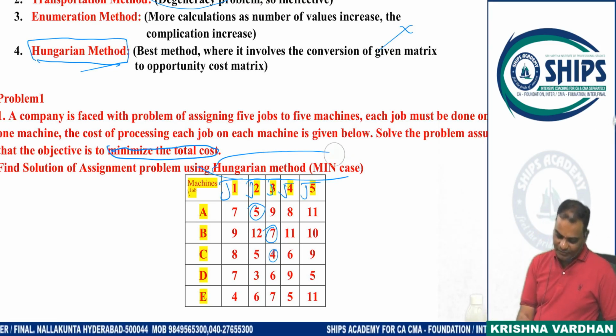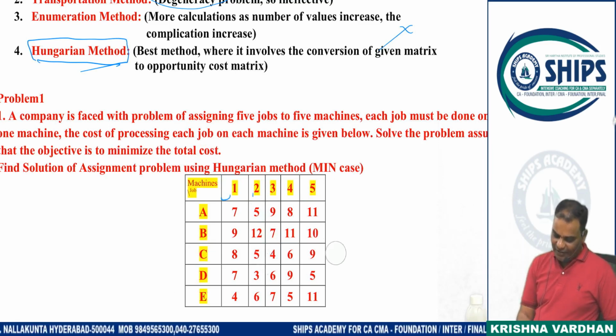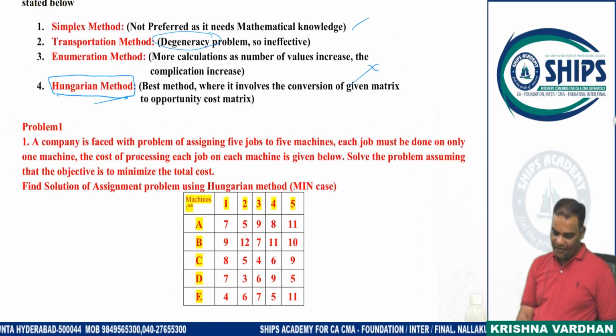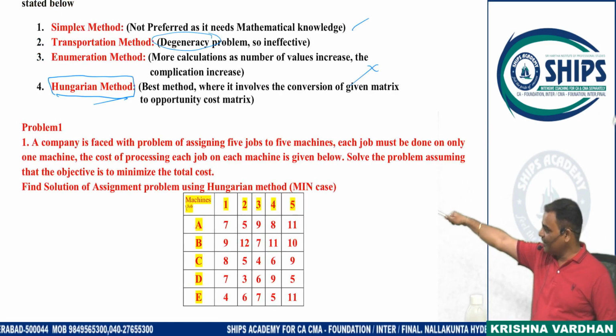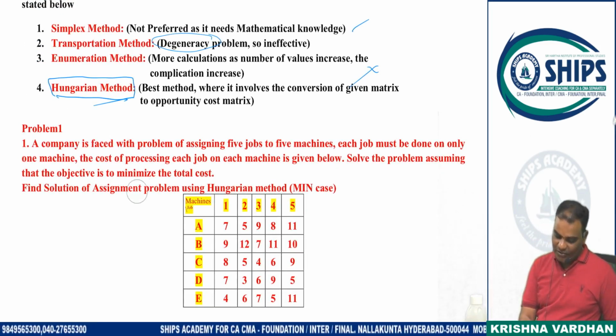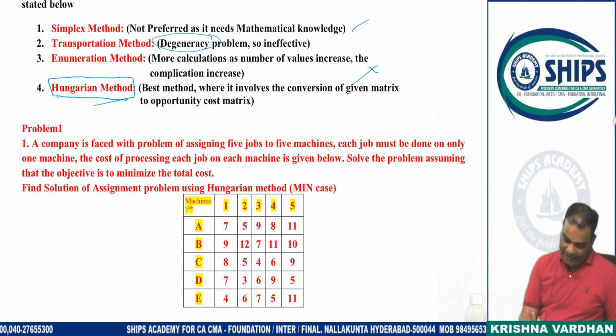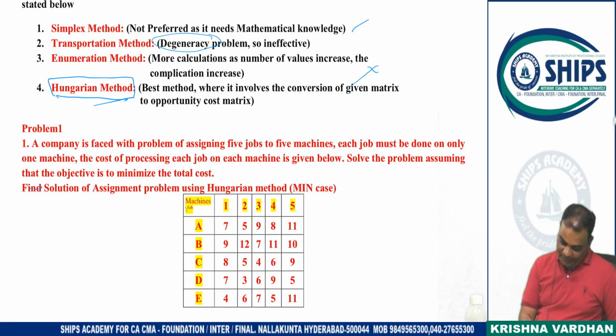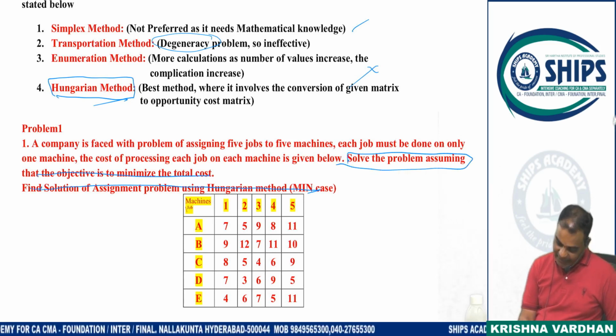What do you do? First time when you are taking the question, just take the first 3 lines and this matrix. Don't find the solution, because here there is an answer also. I'll strike off whatever is not required. Just write, solve the assignment problem.